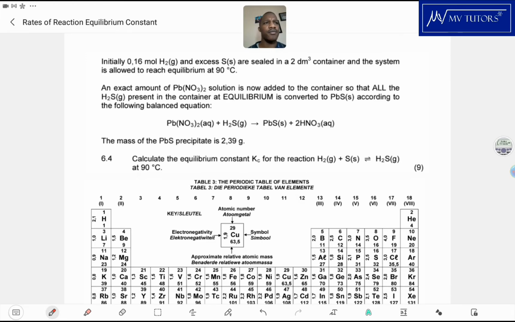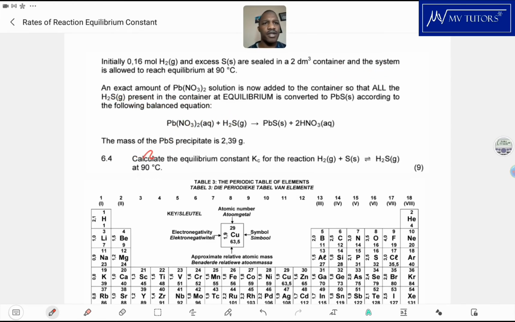What are we given? We are given an initial amount, so we can use that in the RICE method under initial. Okay, we're given 2 decimeter cubed. We can use that on that last equilibrium E for concentration, so we'll divide the moles by it.